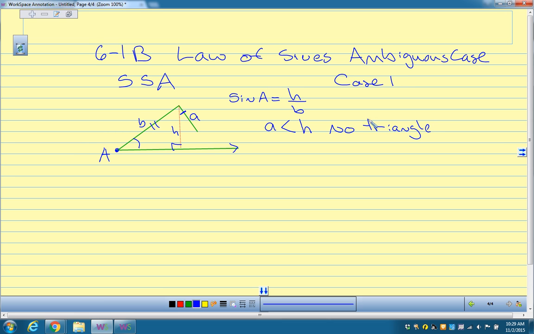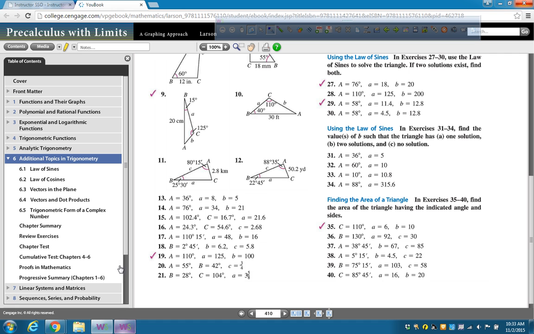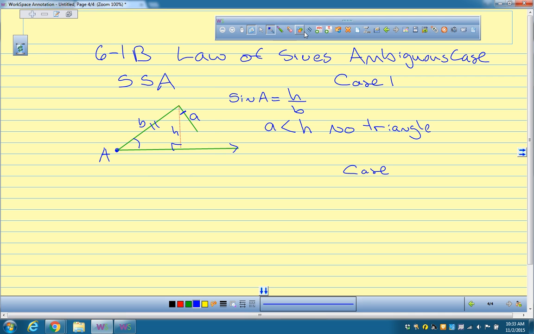Case 2 is, let's see if I can, where'd my thing go? Whoops. So case 2 is if I have this side here.